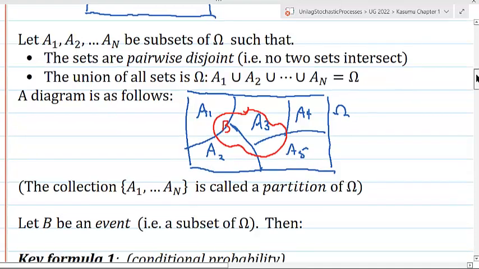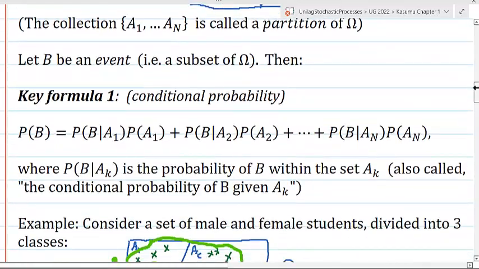We defined the probability of an event, and we gave this formula for the probability of an event in terms of conditional probabilities of that event on each set in the partition times the probability of each set in the partition.